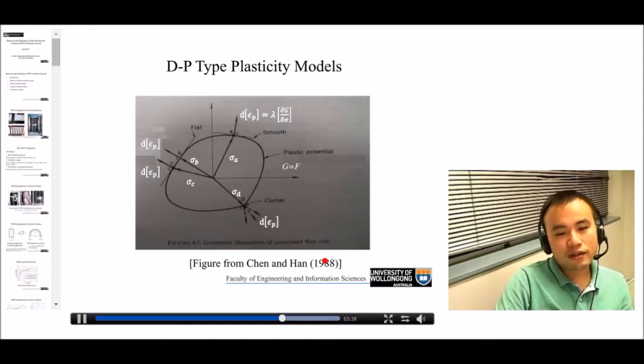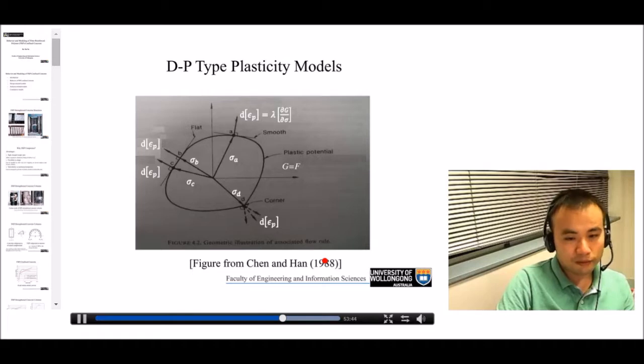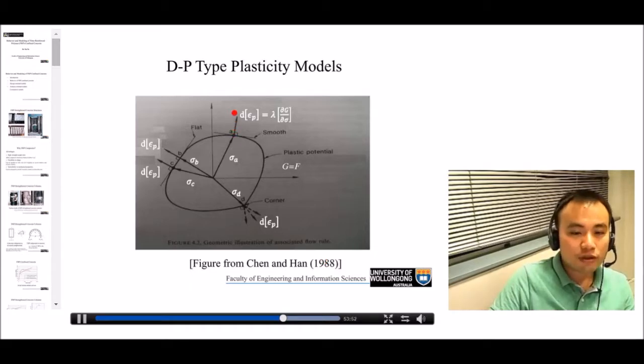Now let's have a look at why the flow rule is important for determining the lateral expansion. In a plasticity model, the flow rule basically defines the direction of the plastic deformation. Like in this case, if you use an associated flow rule, then the direction of the plastic deformation is perpendicular to the tangential direction.